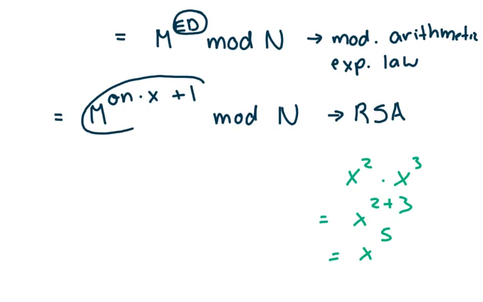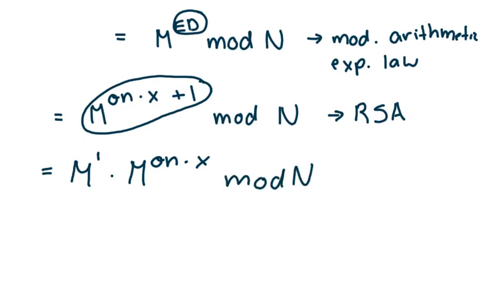We can set m to the power of phi n times x plus 1 to m to the 1st power times m to the phi n times x power, and we know that that's going to be the exact same thing as m to the phi n times x plus 1 power. This is because of the properties of exponents.